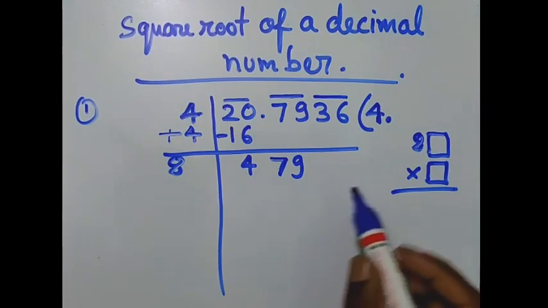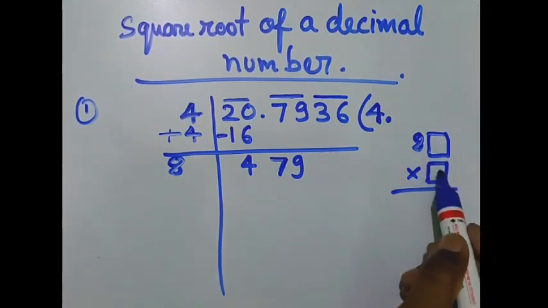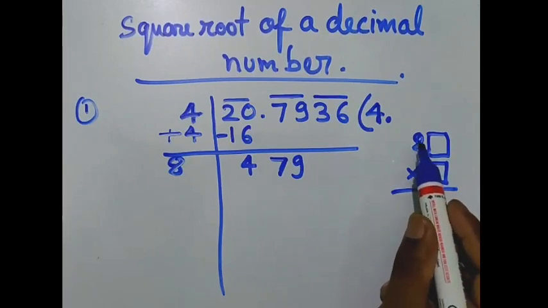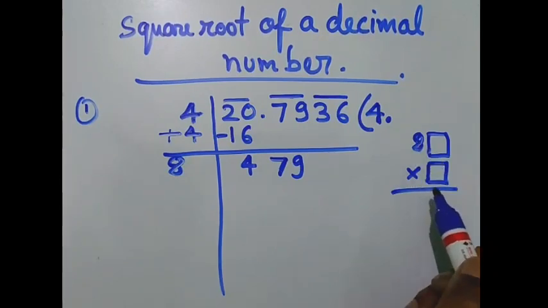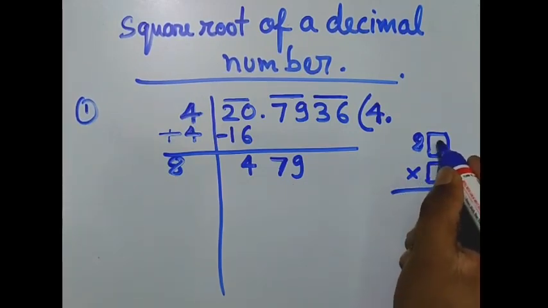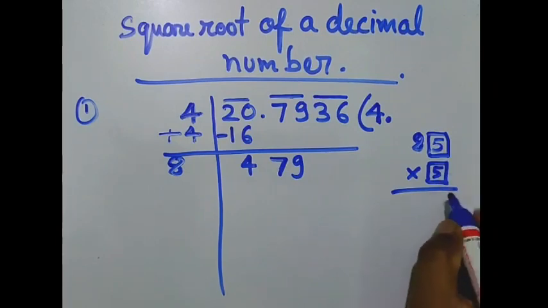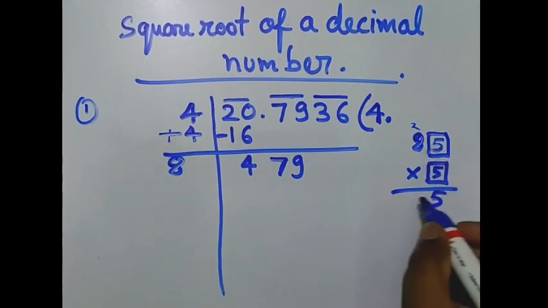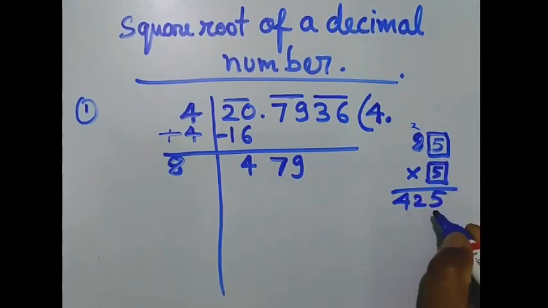If I multiply 4, 8, 4 and 4: 4 4s are 16, 1 carried, 4 8s are 32, 33, so 336. That is still less. What if I multiply 5? Let's see. 5 5s are 25, carry 2, 5 8s are 40, 42, so 425.